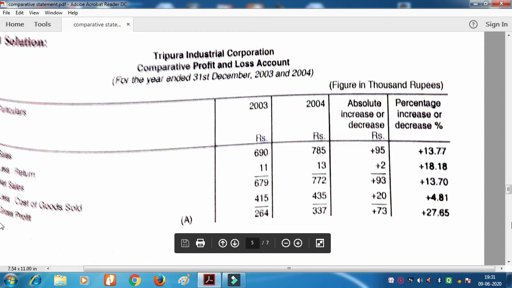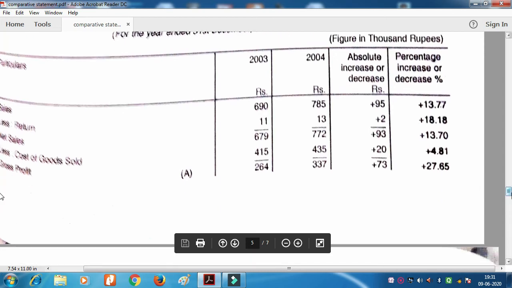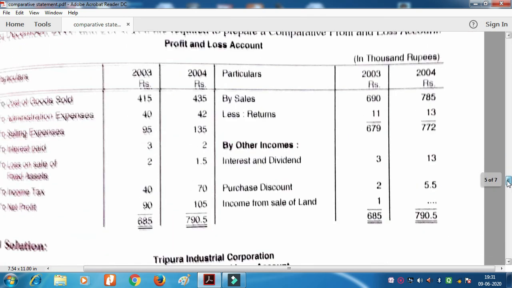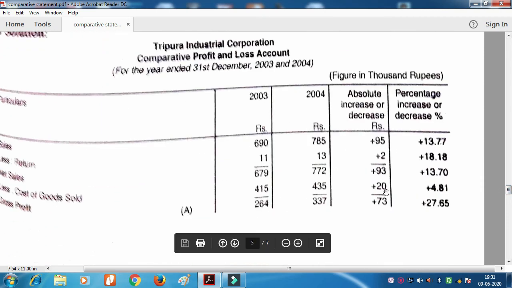Then we will find out the cost of goods sold. As given in the problem, cost of goods sold is given 4 lakh 15 and 4 lakh 35. So we can see the difference is 20. So 20 divided by 4 lakh 15 will give you 4.81 percent.